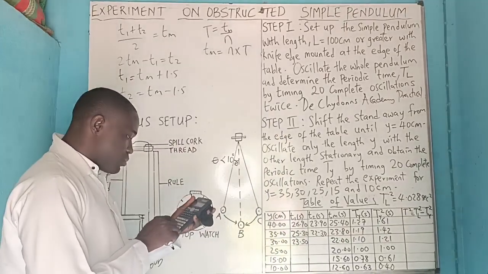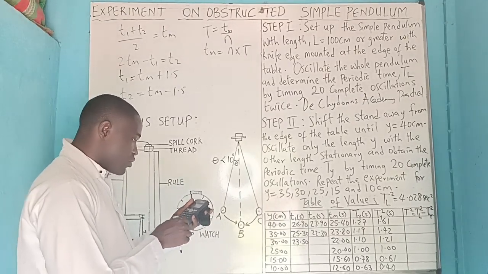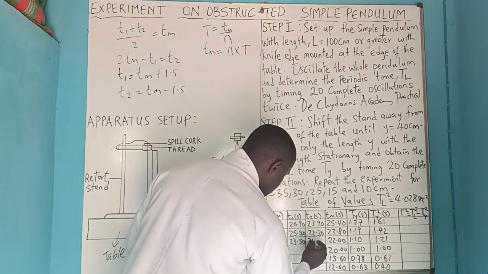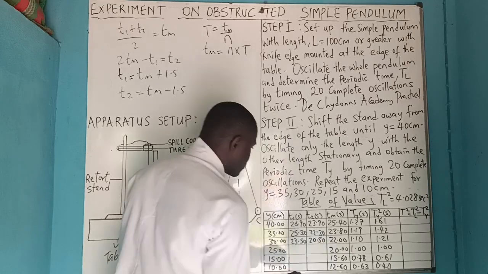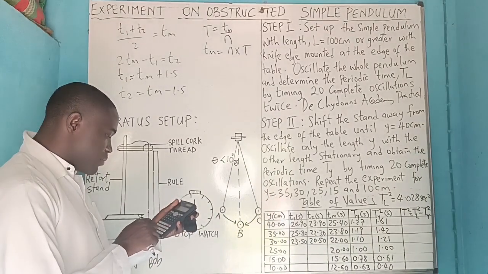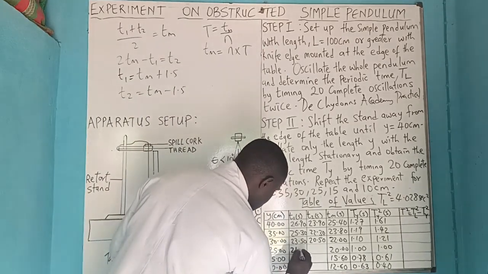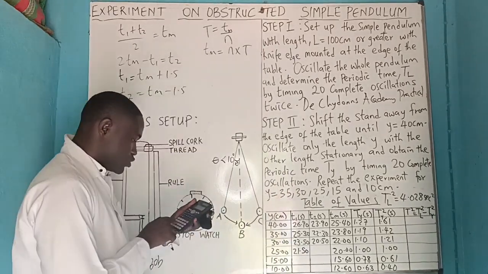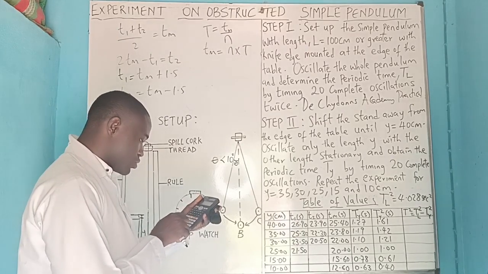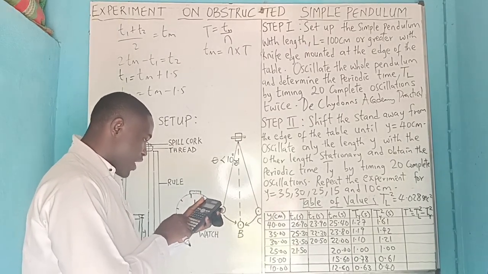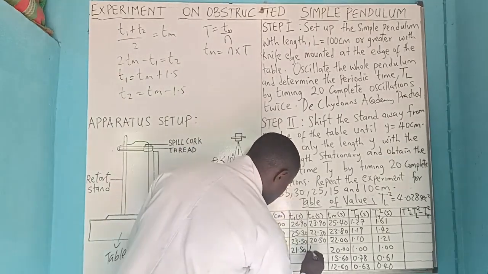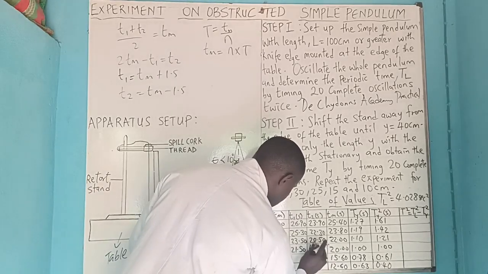Then 22 minus 1.5, 20.50. You go again, 20 plus 1.5, 21.50. 20 minus 1.5, 18.50.